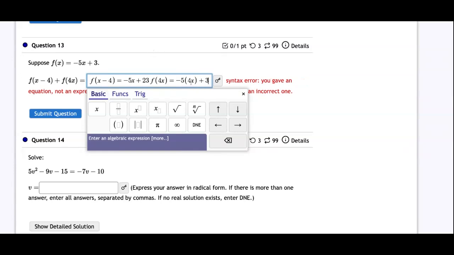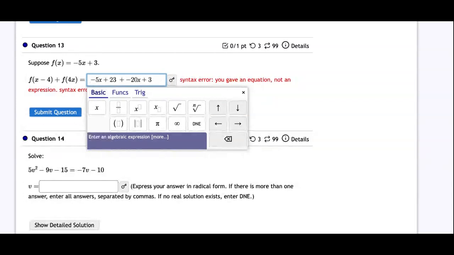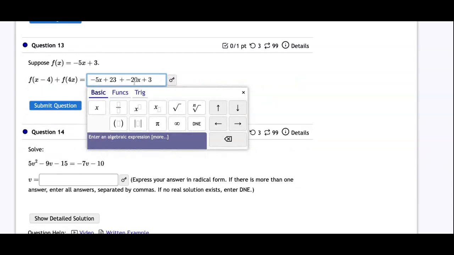Well, -5 times 4 is -20, right, -20x. Now we want to add those two. -5x and -20x, that would be -25x. 23 plus 3, 26.